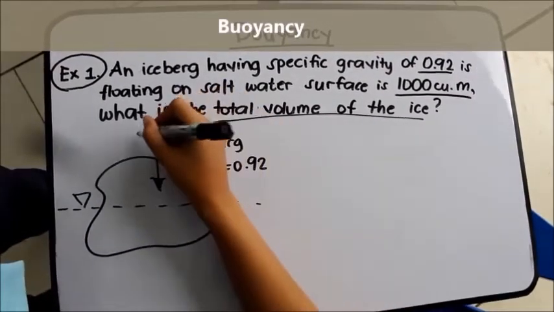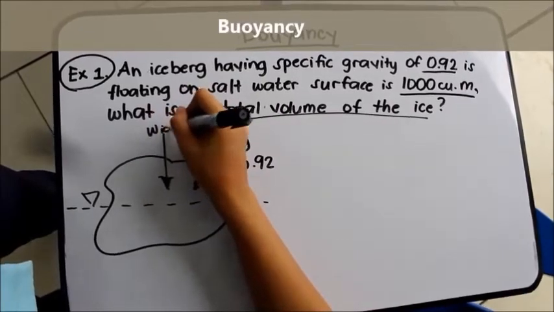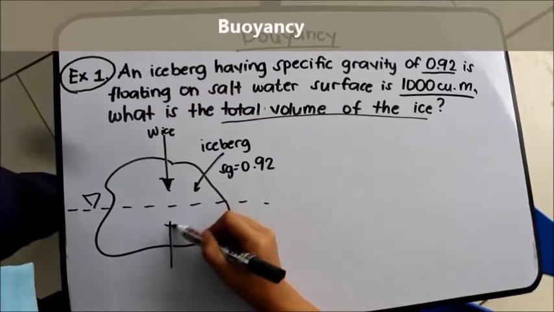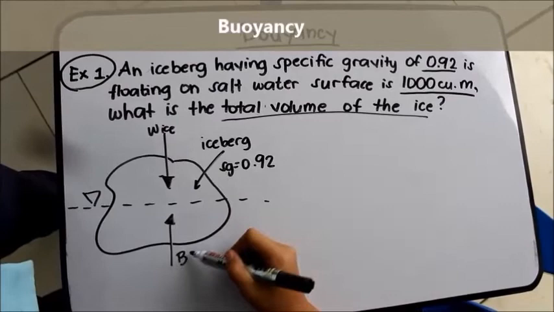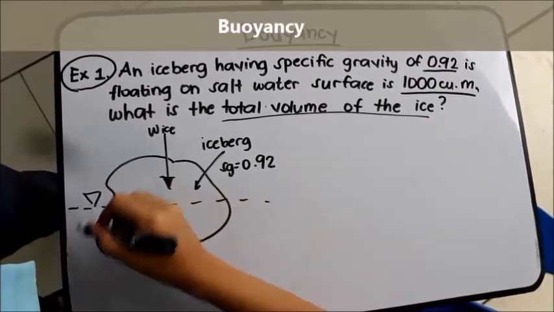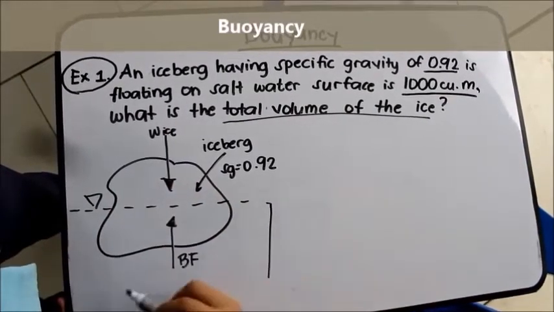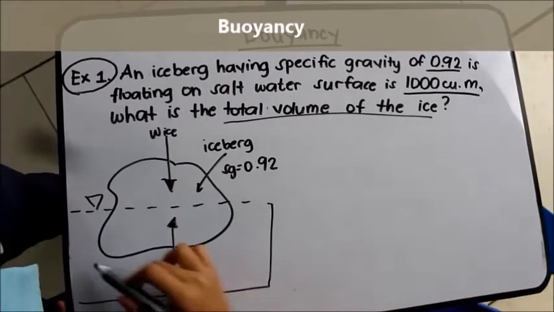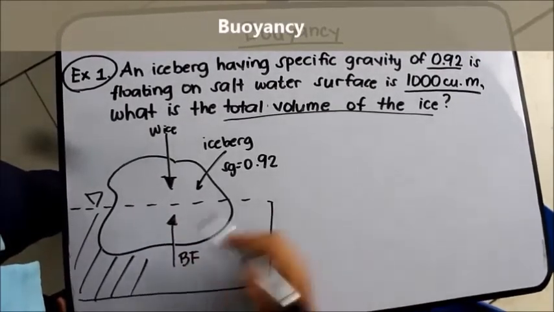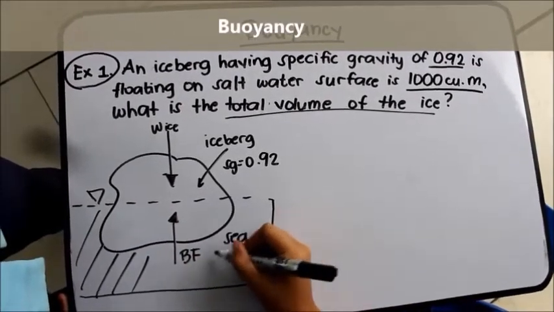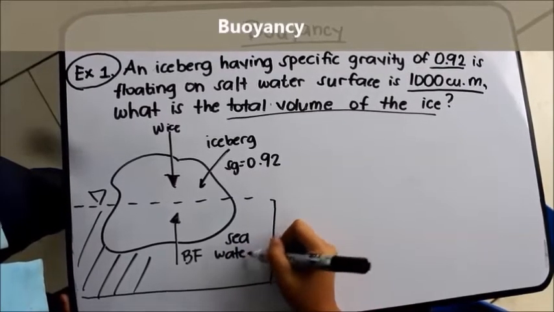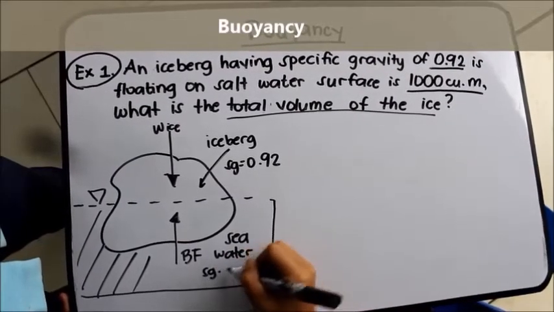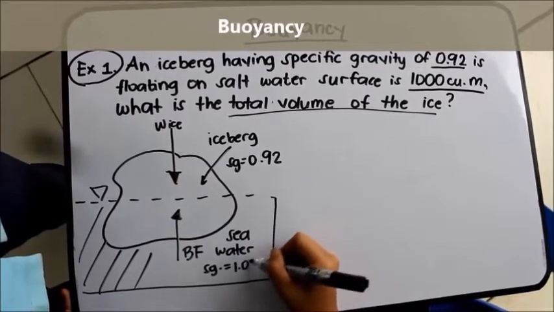And this is the weight of ice. And then this is the buoyant force having an upward direction. And this is the seawater having a specific gravity of 1.03.